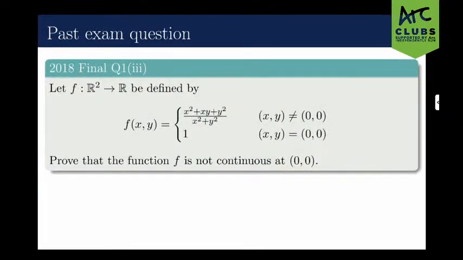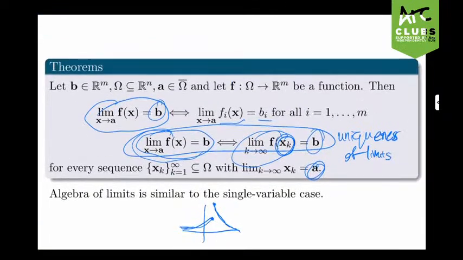The useful thing about it is for proving that a function is not continuous, like in the second example here. You want to prove that this function is not continuous at this point. Proving this from the definition is quite difficult, so it's useful to use this theorem.